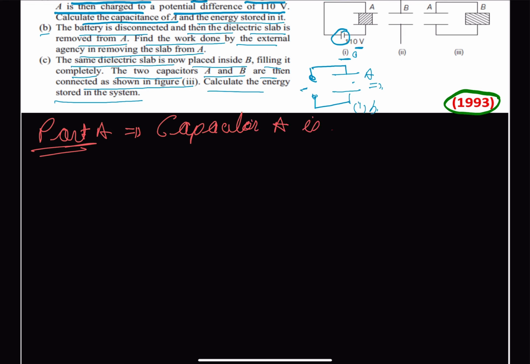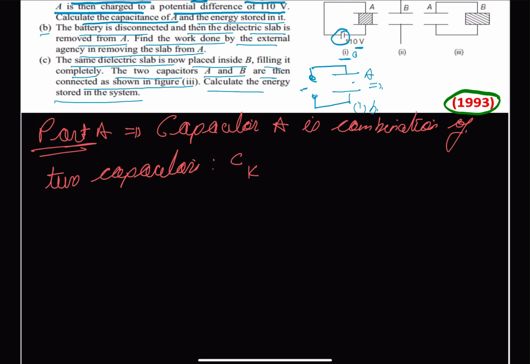Therefore, we can say that capacitor A is a combination of two capacitors. The first capacitor, let us call it CK, has a dielectric, and the second one is C0, that is without dielectric, and they are in parallel.